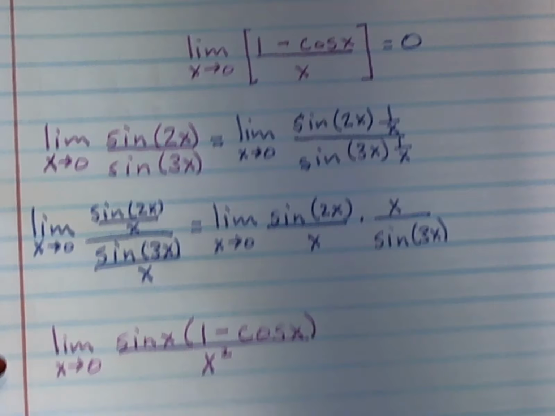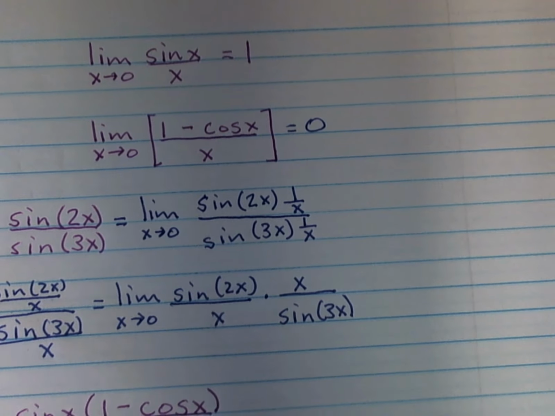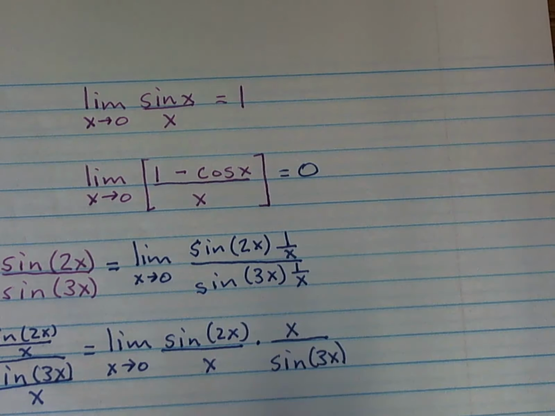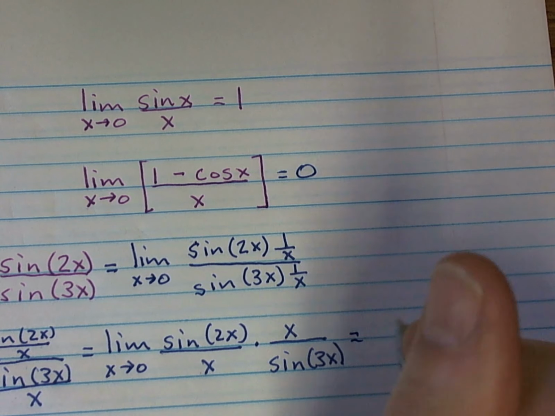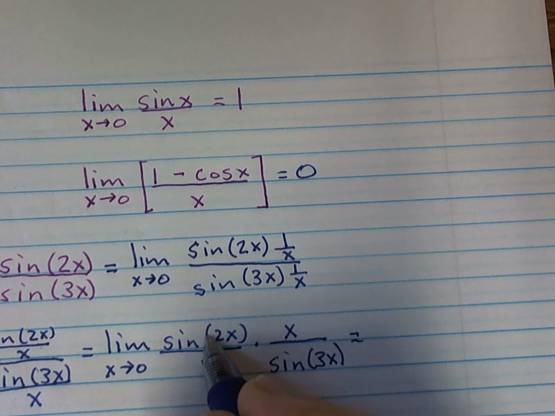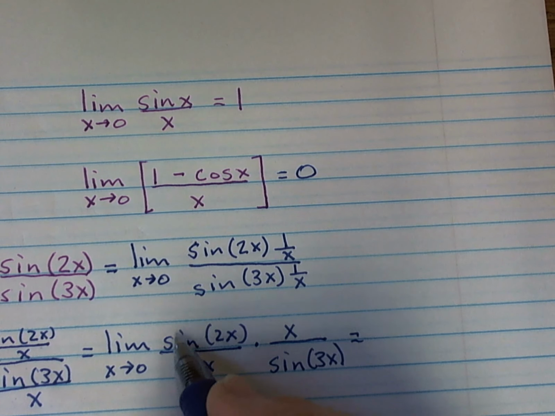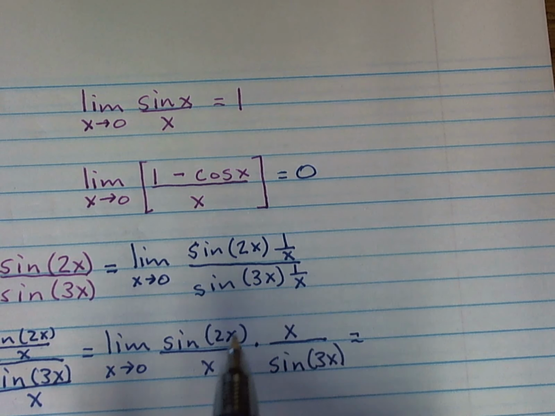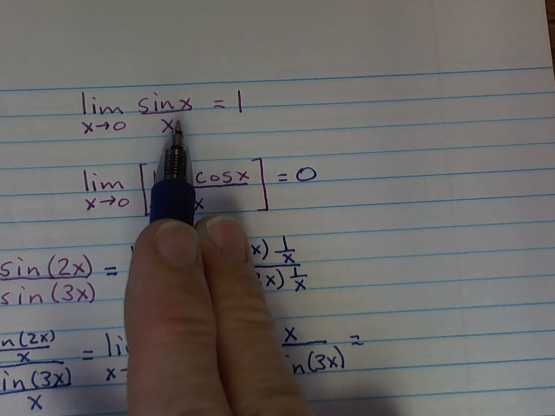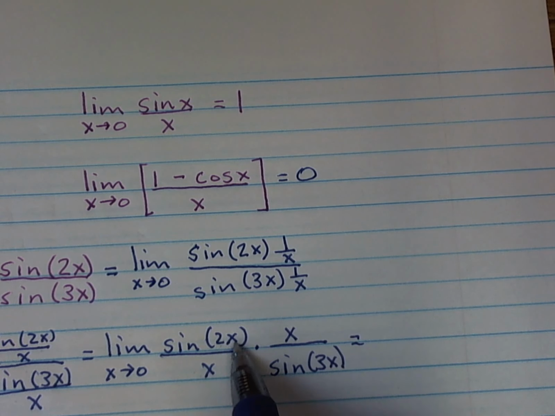Let me scoot the camera over a little bit, give myself some more room. Okay, so watch what I can do. This one right here, I know what to do in a situation like this. I can multiply the top and the bottom by 2, because to use this limit, I need what's inside the sine to be the same as what's on the bottom.